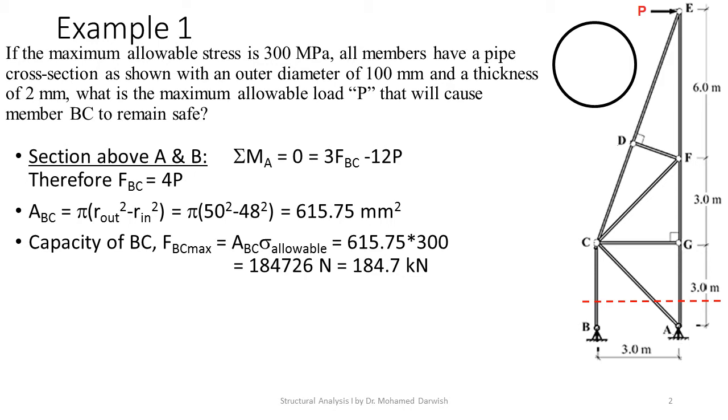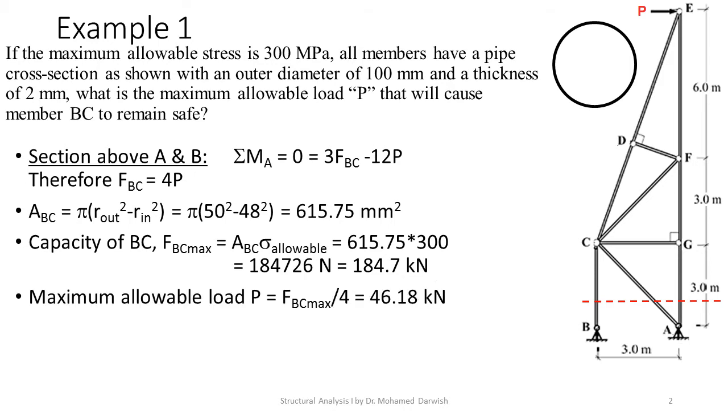This gives us 184.7 kilonewton. So the maximum allowable load is simply this capacity divided by 4, which is equal to 46.18 kilonewton, using the relationship above between FBC and 4P.